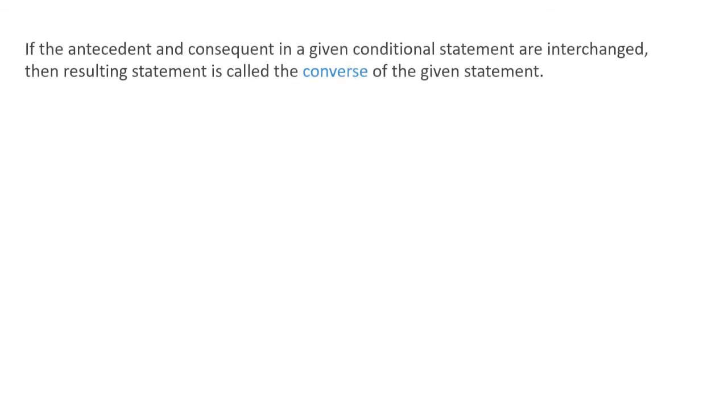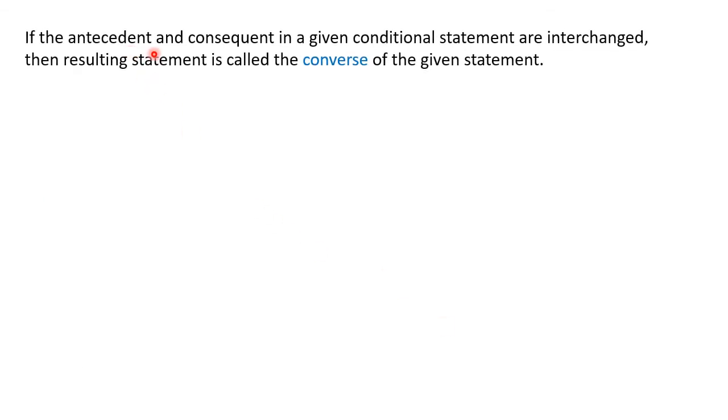Moving forward, if the antecedent and consequent in a given conditional statement are interchanged, then the resulting statement is called as the converse of the statement. So if we do ulta, if the if part of the statement we put in then part, and the then part comes in if part, then if we do interchange of the conditional statement, the resulting statement is called as converse.